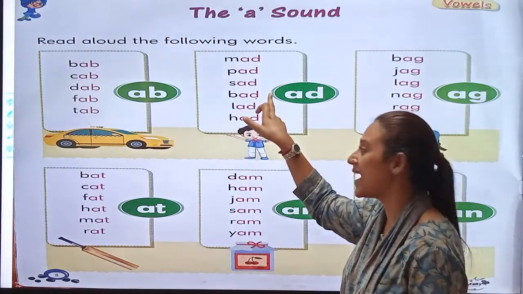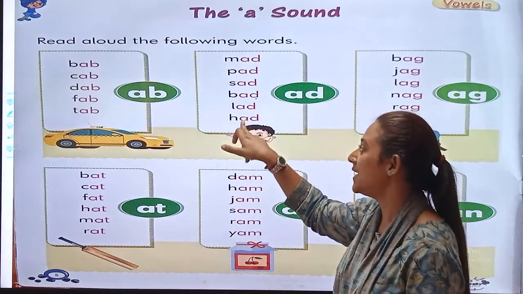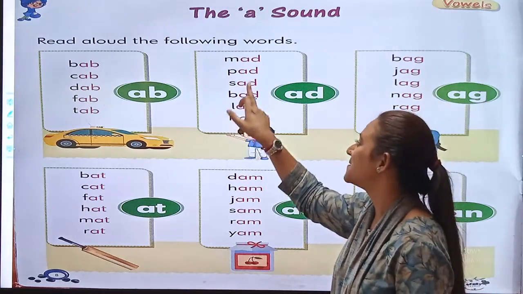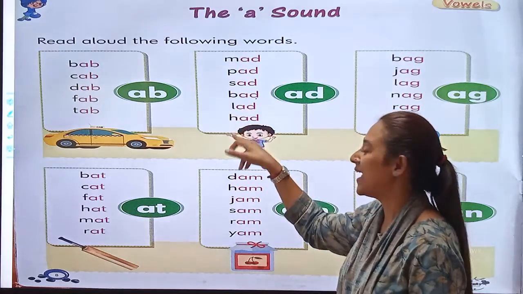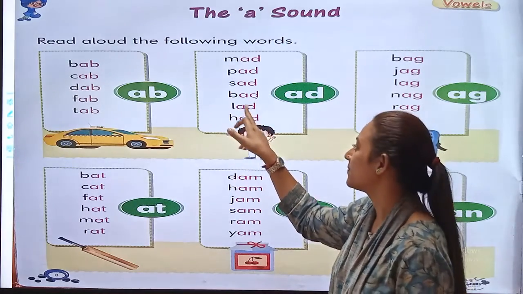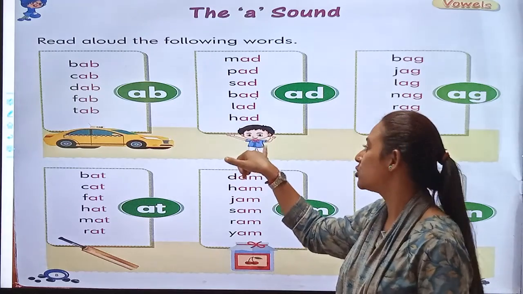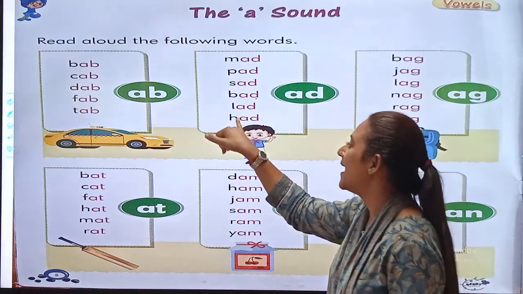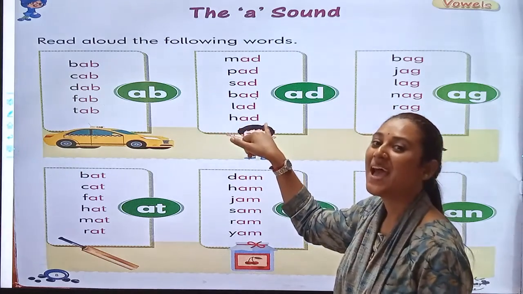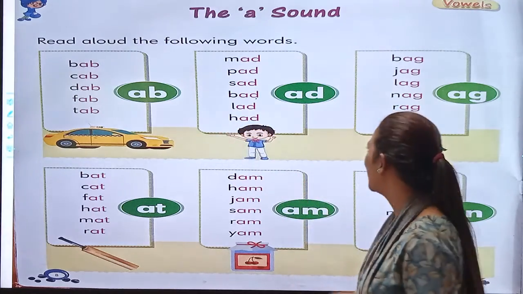S-A-D, sad. B-A-D, bad. B-A-D, bad. L-A-D, lad. This boy is lad. ये जो boy है उसको हम L-A-D, lad बोलेंगे. Okay? H-A-D, had. Very good.